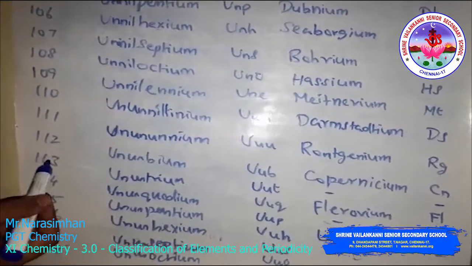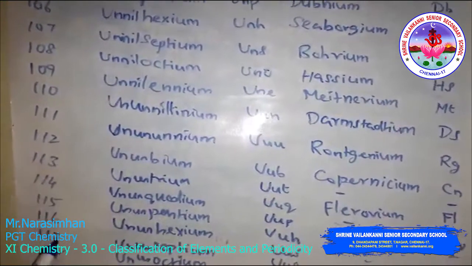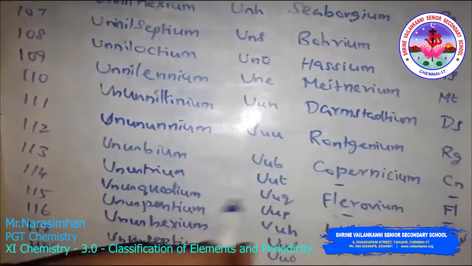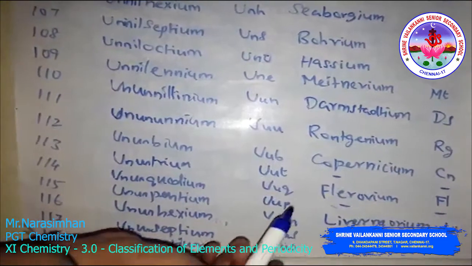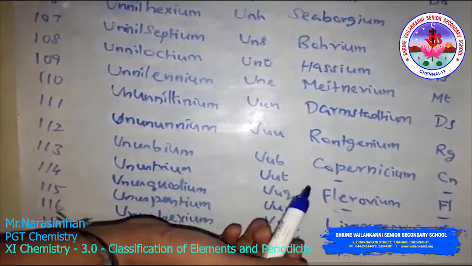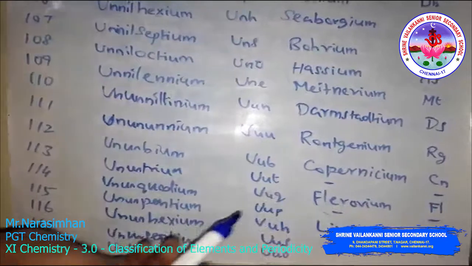And here for the atomic numbers 113, 115, 117 and 118 there is no official IUPAC name announced, and the symbol also not announced yet.